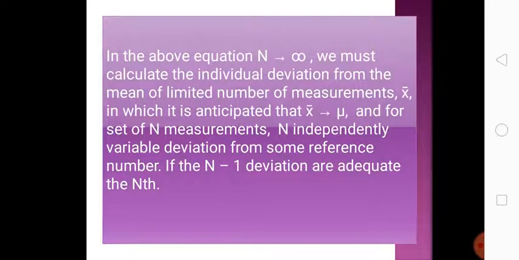In the above equation, n has an infinite value, and we must calculate the individual deviation from the mean of a limited number of measurements, x bar, which is anticipated to approximate the mean of an infinite number of measurements. For a set of n measurements with independently variable deviation from some reference number, if the n minus 1 deviations are adequate, the nth is determined.